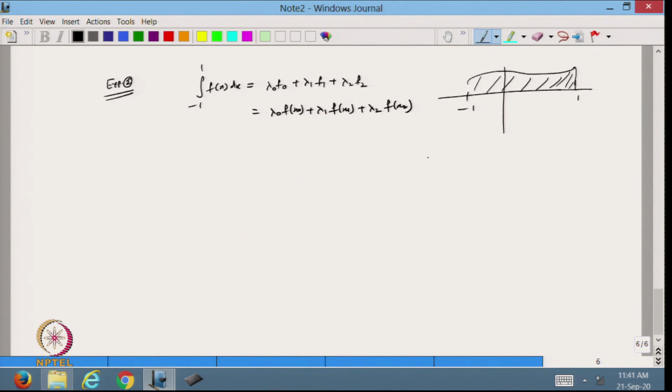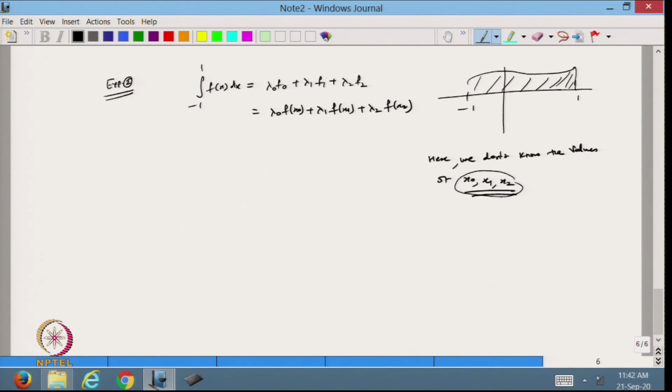So, here we do not know the values of x 0, x 1 and x 2. So, in this case we do not know the value of the nodal points. Once we are able to find the nodal values, this method will give you the same result as a Newton-Cotes method, but in this case we do not know the values of x 0, x 1, x 2.